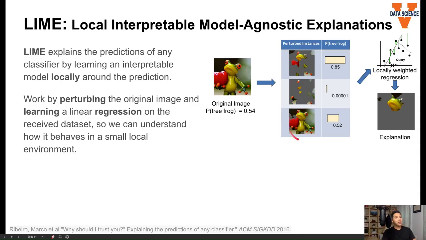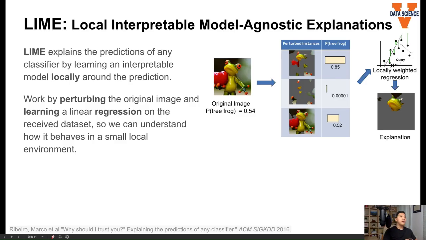Right, so you have your own data set of training examples and produce a distribution of scores. And you can then learn a local linear regression on this data set, so that you can understand how it behaves in a small local environment.